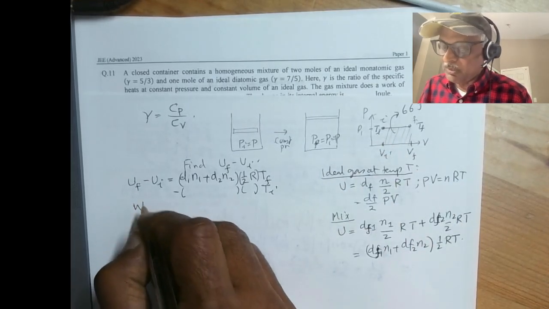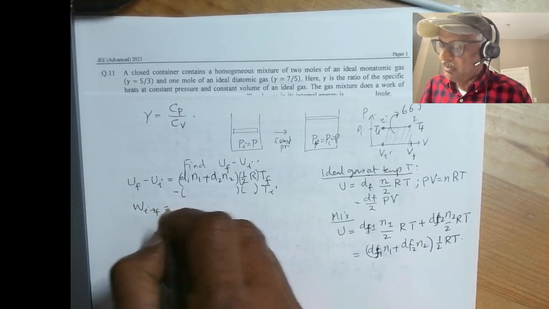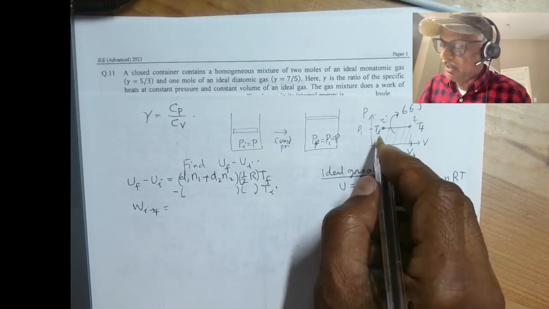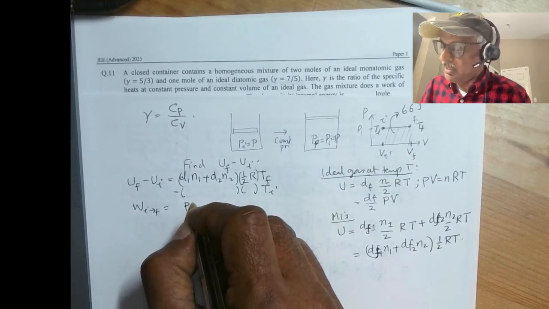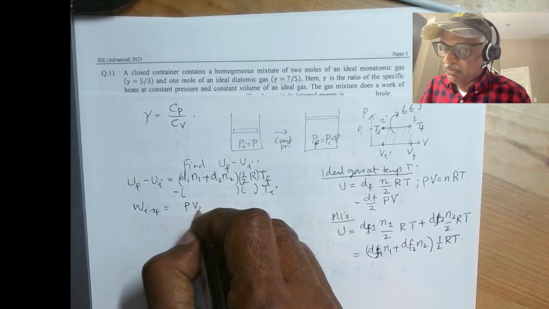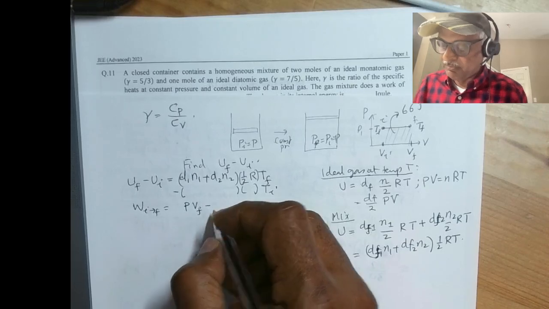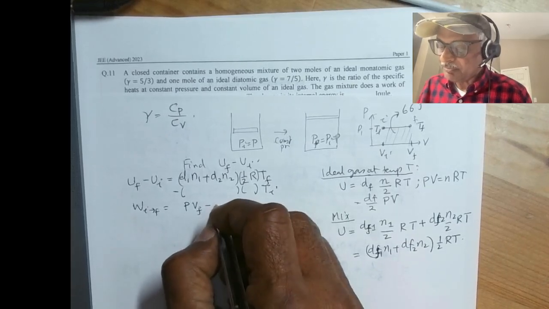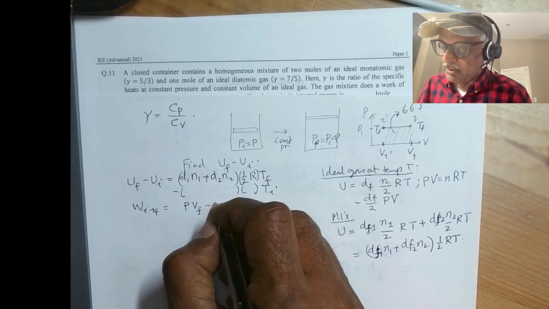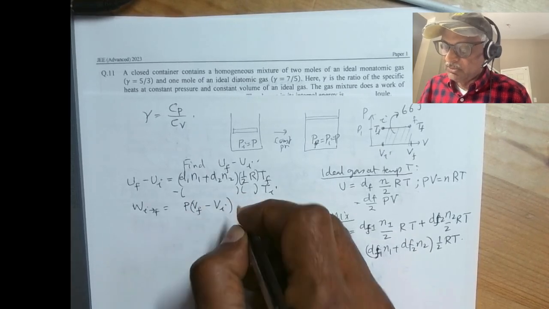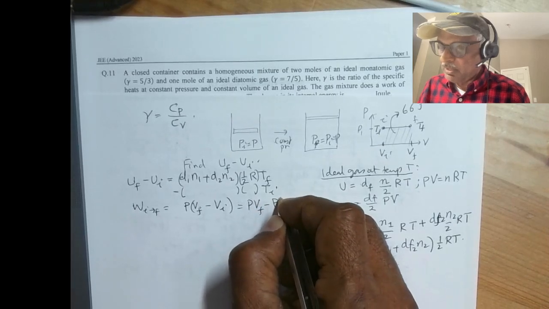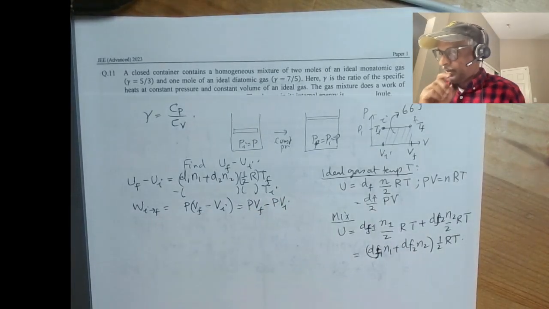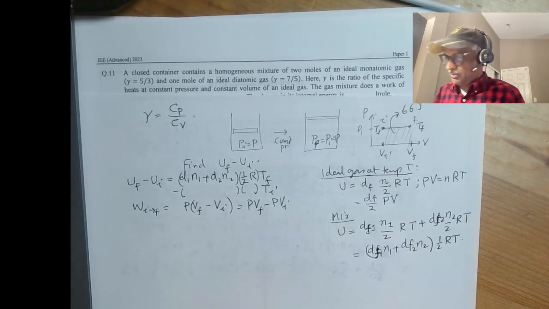And the work done I to F is the area under this thing, and it's just a common pressure P times V final minus V initial. So this is PV final minus PV initial.